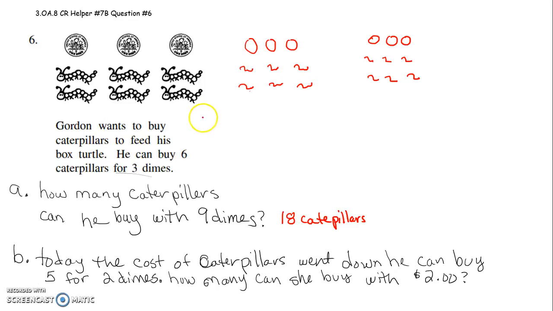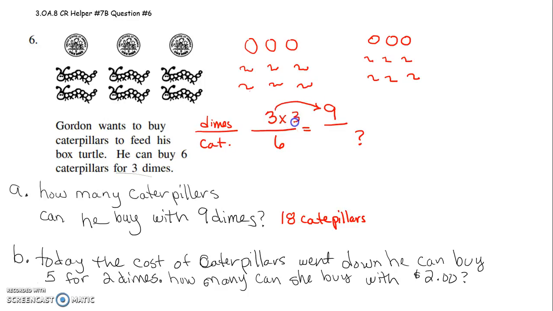Let me just show you another way you could handle that. You could consider a ratio of dimes to caterpillars. And you know 3 dimes was 6 caterpillars. And now we're saying if I want to spend 9 dimes, how many caterpillars will that be? And I know you're working with some equivalent fractions right now in class. So you have to say, how do I get from 3 to 9?